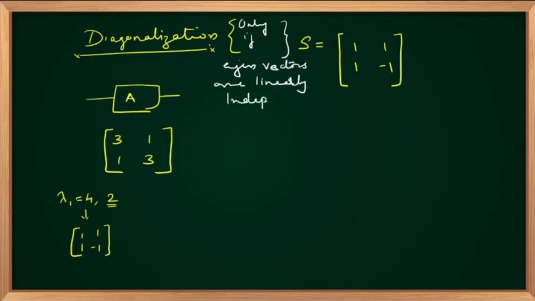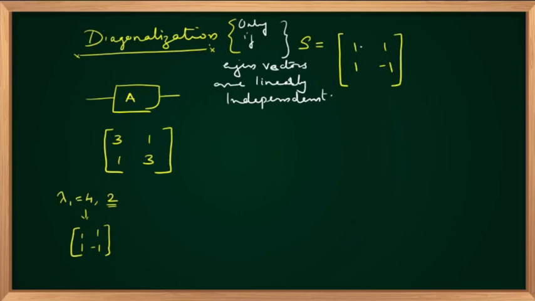This is an important point. You must remember that for any matrix, if you want to diagonalize it, then you must have eigenvectors which are linearly independent. Then only you can do the diagonalization procedure. Here we have linearly independent as well as orthogonal columns, correct? So this is a matrix which is diagonalizable because the eigenvectors are linearly independent.